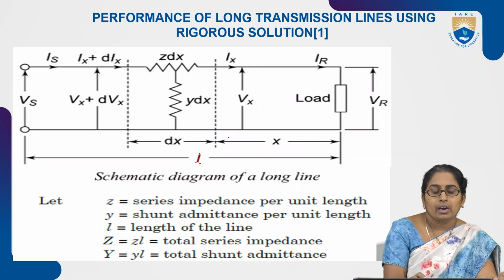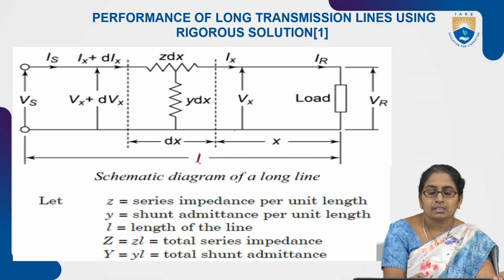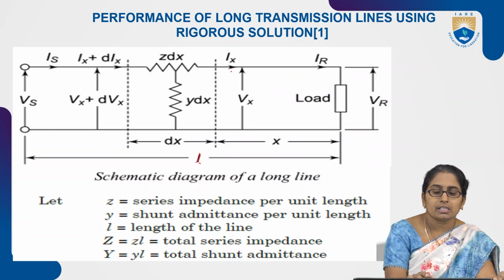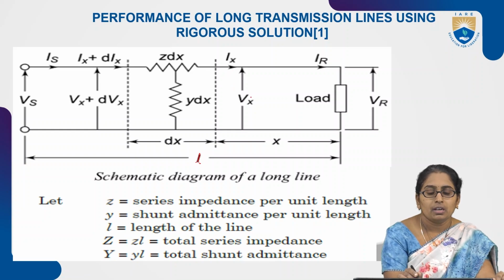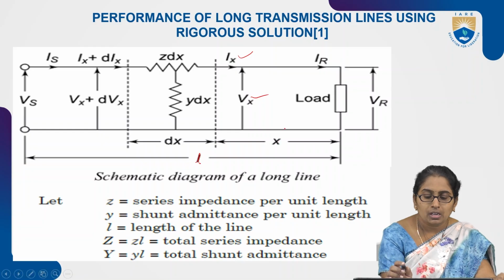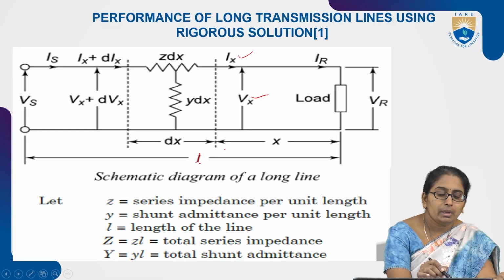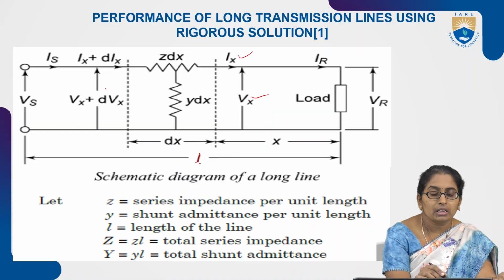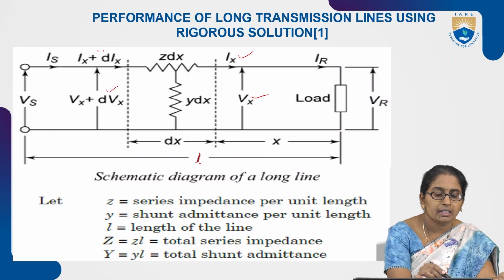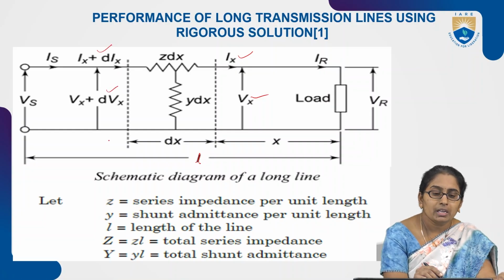At a distance of x meters, the corresponding voltage and current are taken as Vx and Ix. At a distance of x plus dx, the voltage and current in the line are Vx plus dVx and Ix plus dIx.